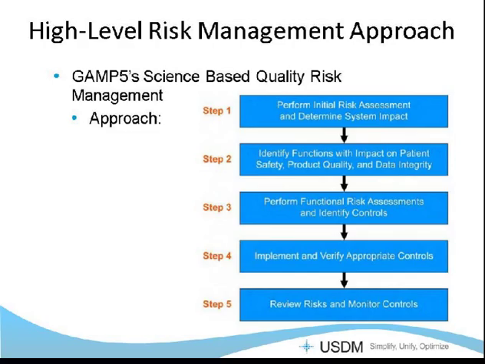Identify the functionality of the system that has the highest impact on data integrity, patient safety, product quality. Perform the functional risk assessment at that functional requirement level and identify controls that you can put into place. You're going to implement and verify that the controls were appropriate. And then you're going to review the risk and you're going to monitor the controls as you go through the life cycle of the system. So you never stop assessing risk until that system is fully retired.